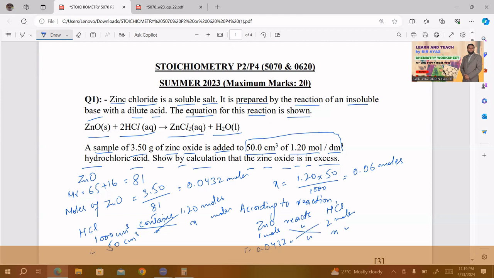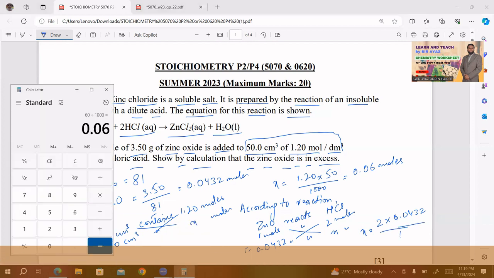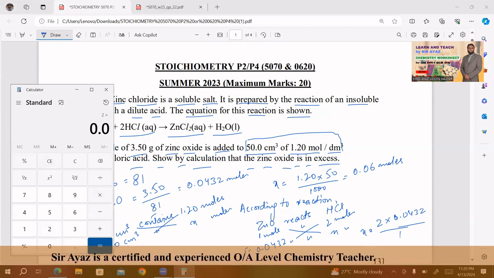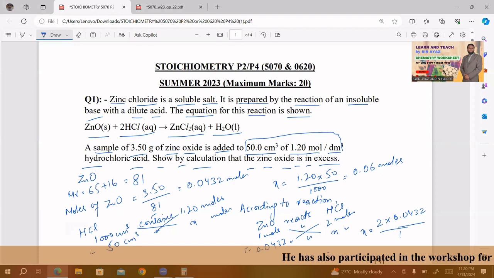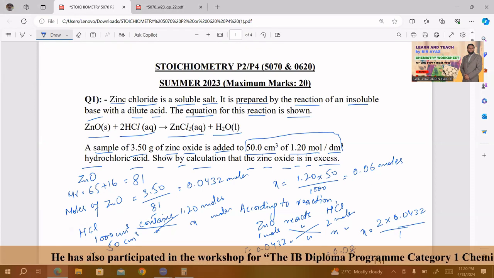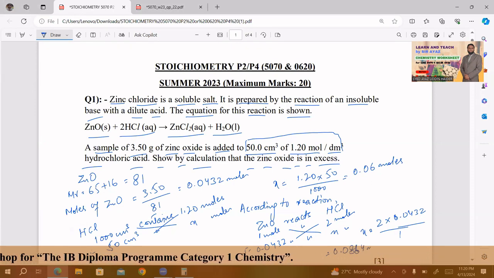Do the cross. So X is equal to 2 multiplied by 0.0432 divided by 1. 2 multiplied by 0.0432 is 0.0864. So 0.0864 moles of HCl needed.